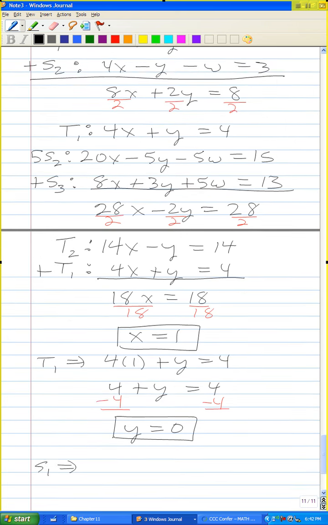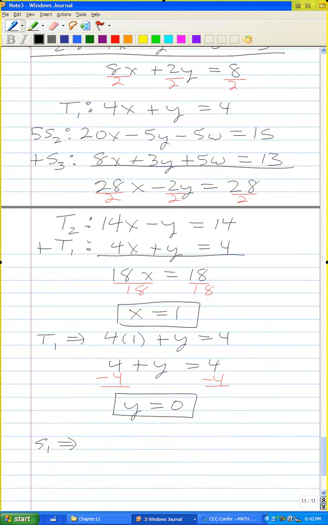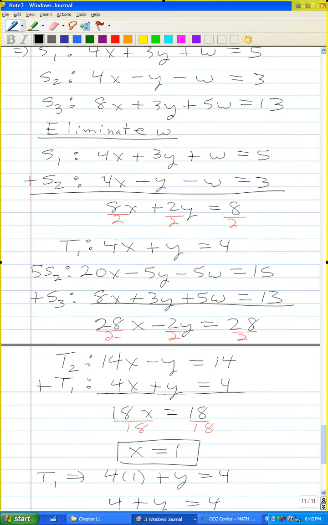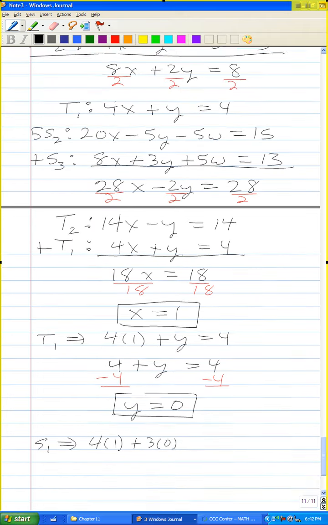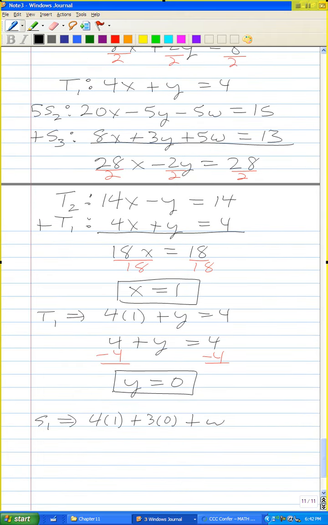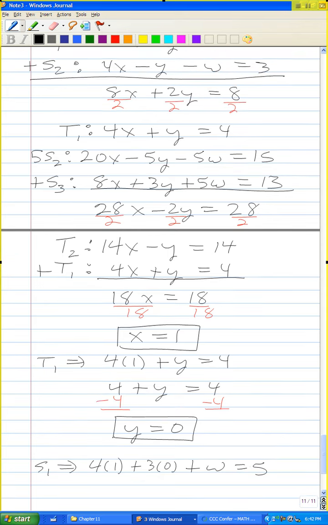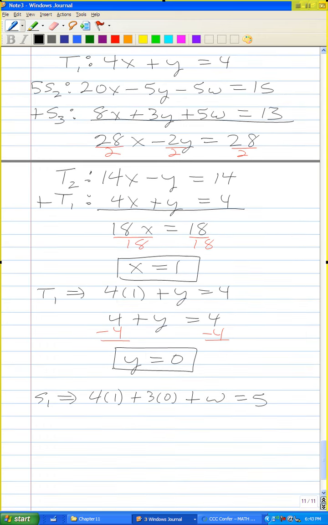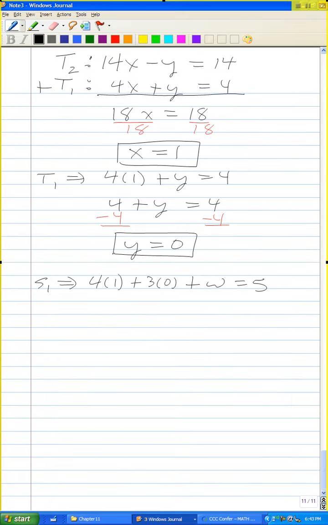And so S1, 4x plus 3y plus w equals 5. 4x plus w equals 5. And so I have 4 plus w is 5. Subtract 4 from both sides of my equation. So w is 1.